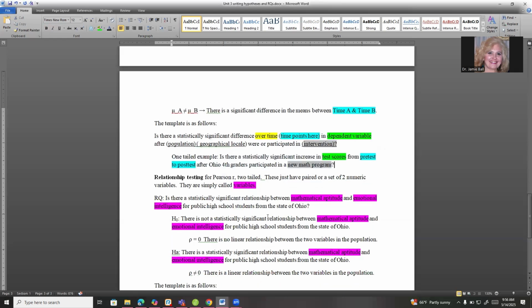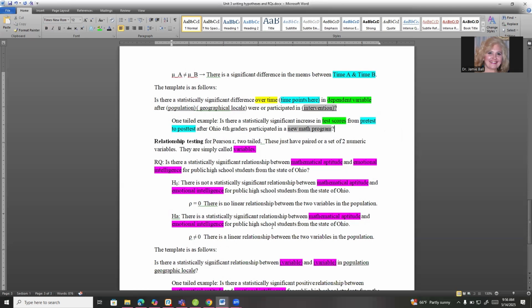And then the last test we're going to cover today is relationship testing. These are associative correlational tests, not predictive. Okay, this is Pearson R-type tests. It's two-tailed. Again, we're looking both ways for a positive relationship and a negative relationship. It uses two variables, and we simply call them variables here because they should both be numeric.